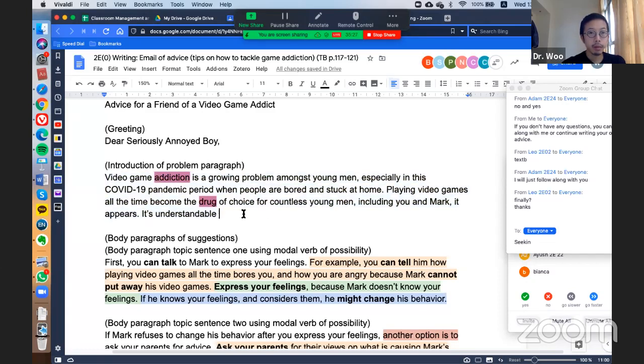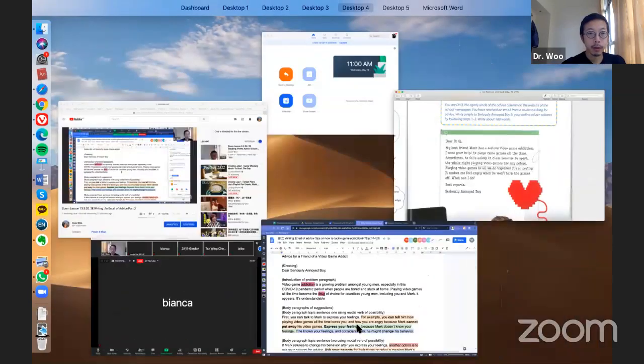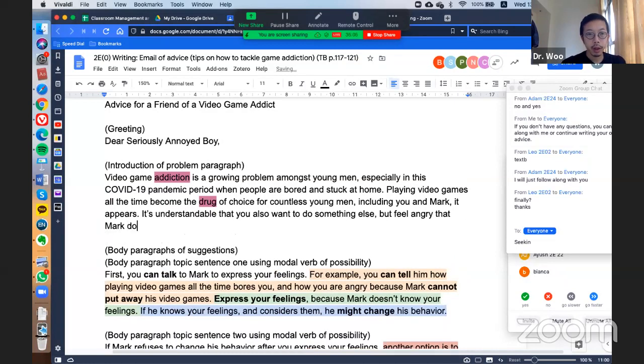It's understandable that you also want to do something else, but feel frustrated or angry that Mark doesn't. You also want to do something else.